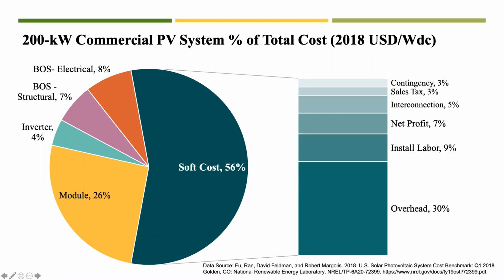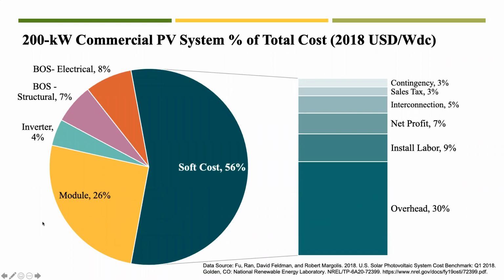You can see that just over 56% of the total installation cost is tied to soft cost. So overhead, installation labor, net profit, interconnection, permitting, sales tax, contingency, those types of things. So the equipment components themselves are less than half of that $1.88.